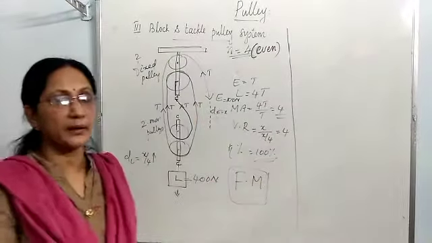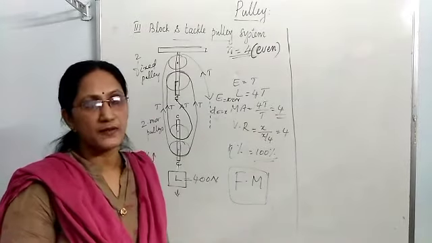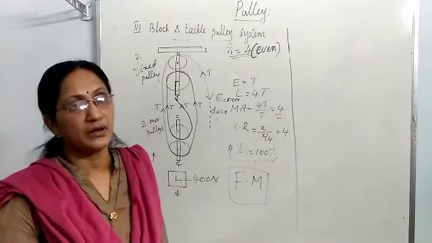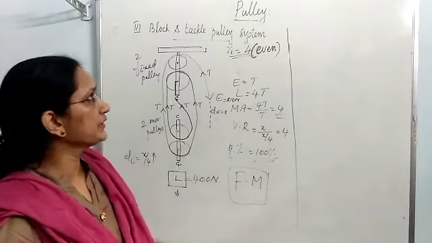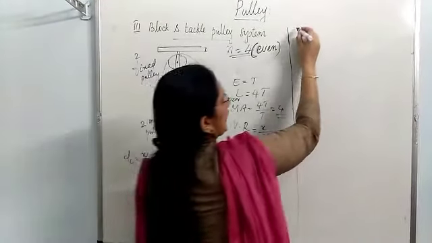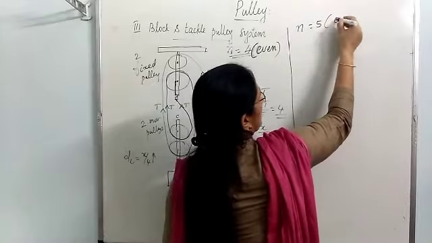Now let us see the diagram. If the total number of pulleys is an odd number, how will the diagram be? Let me take the total number of pulleys n as 5, an odd number.